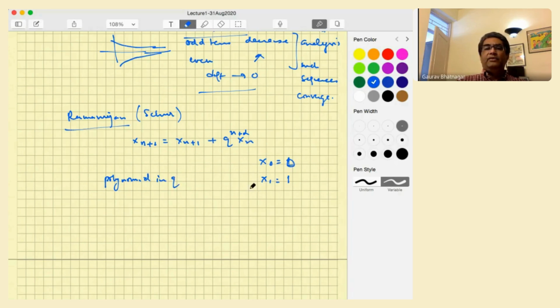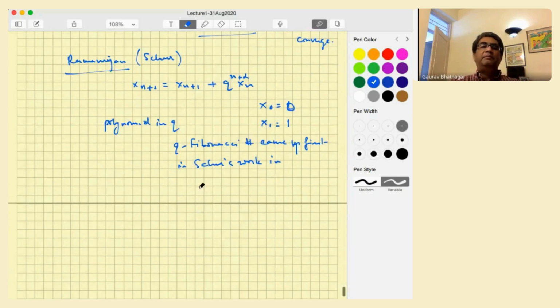And this kind of thing, q-Fibonacci numbers, came up first in Schur's work in representation theory. So, you know what is representation theory?